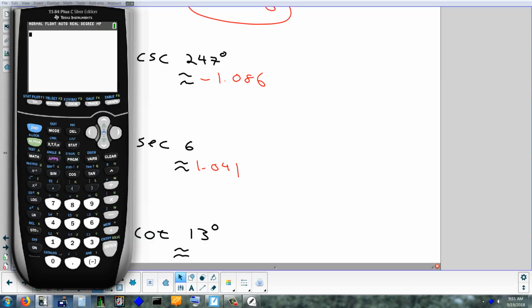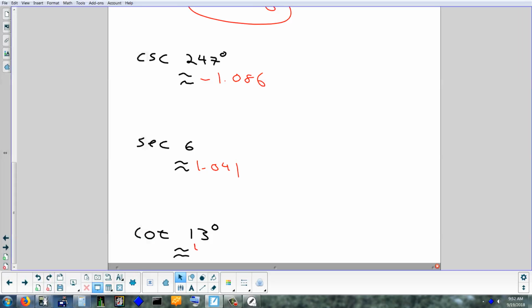Yeah, 1 divided by tangent. Exactly. You flip the tangent, you get the cotangent. So 1 divided by tangent 13. Remember that just flips it. And you get 4.331. How many people got 4.331 for that? Yep.